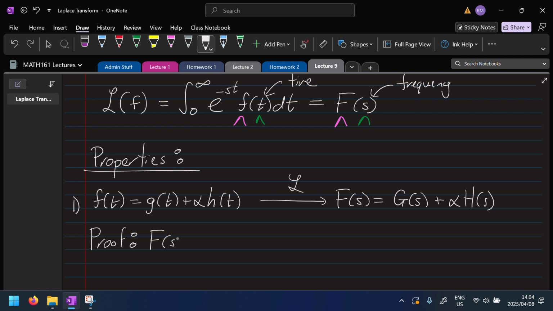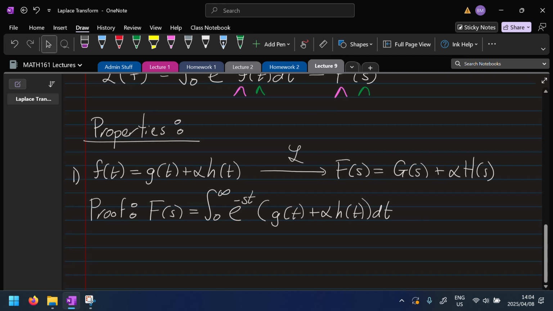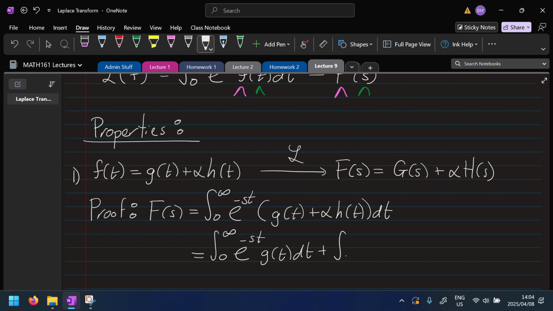So F of s will be the integral from 0 to infinity e to the minus st, and then our function, that will be g of t plus alpha h of t dt. Now this we can split up into two parts, so we can have the integral from 0 to infinity e to the minus st g of t dt, plus the integral from 0 to infinity e to the minus st alpha h of t dt.